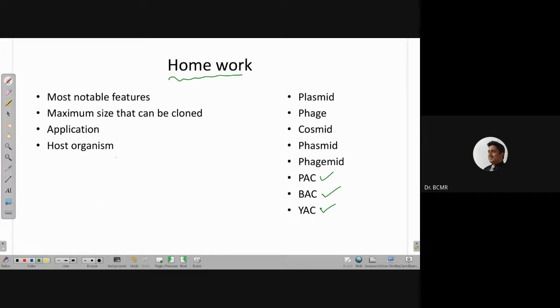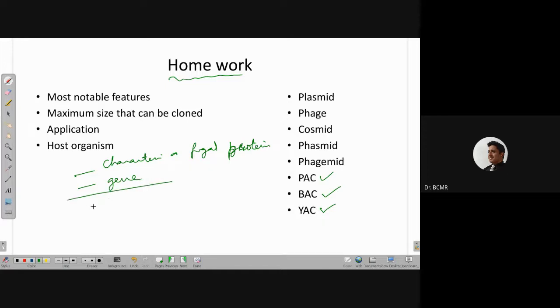I want a fungal gene expressed, or I would even change it further. I'll simply say, I want to characterize a fungal gene, a fungal protein, but I don't have the protein. I only have the gene for it.